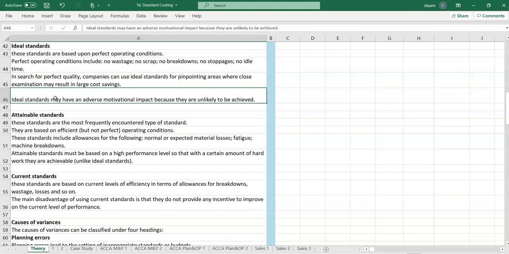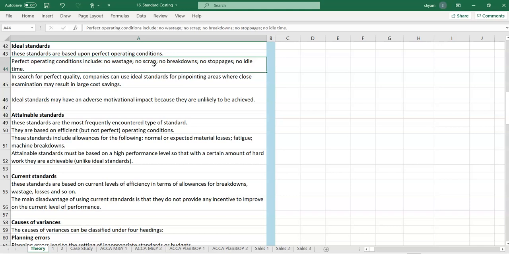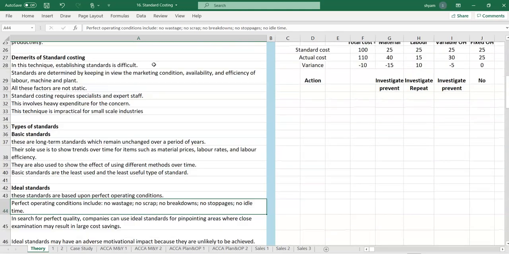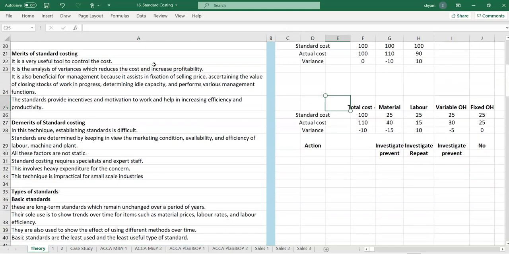Ideal standards may have an adverse demotivational impact because they are unlikely to be achieved. See, every variance is the responsibility of some particular manager. That's what we saw. If this materials manager sees a negative variance once, he won't be much frustrated.